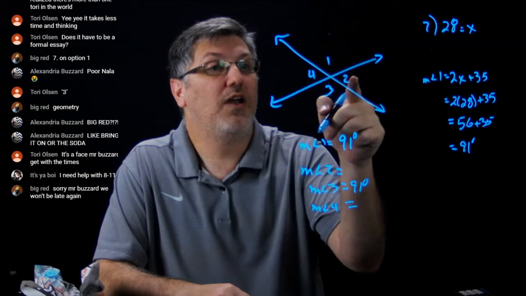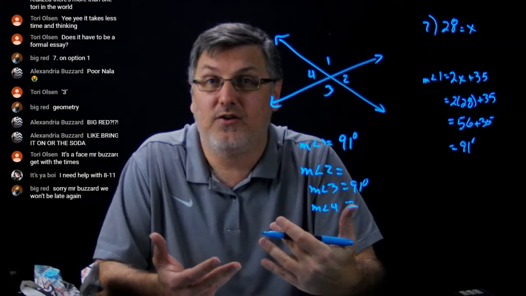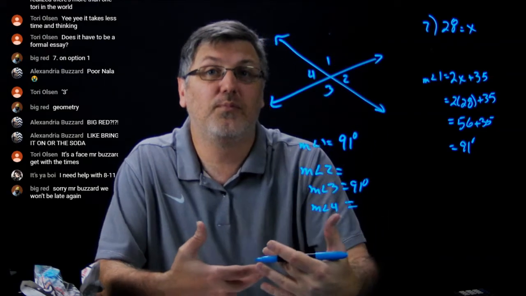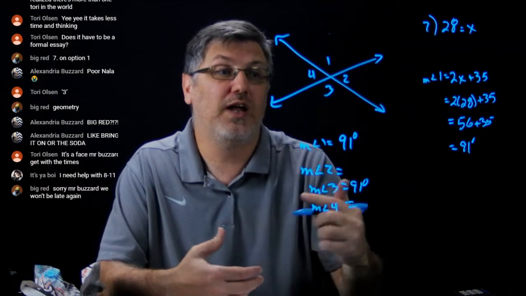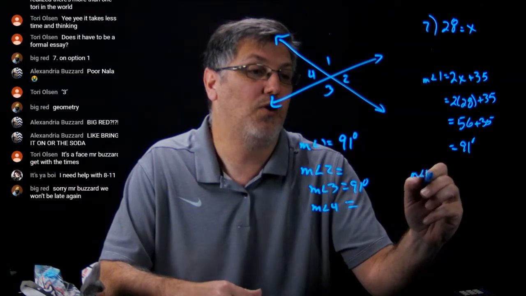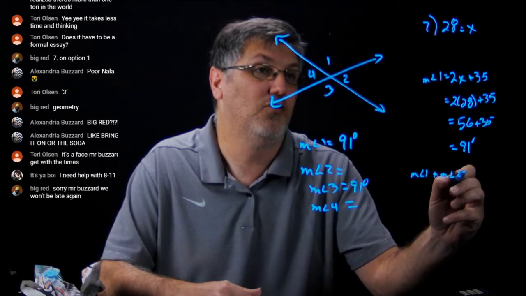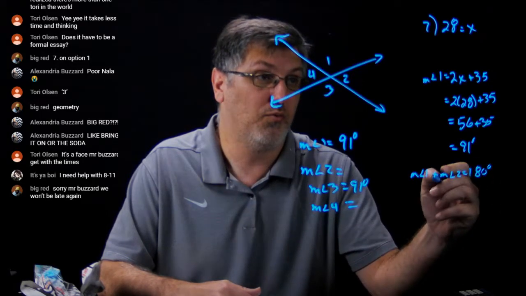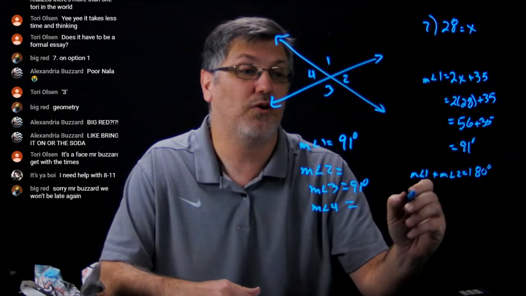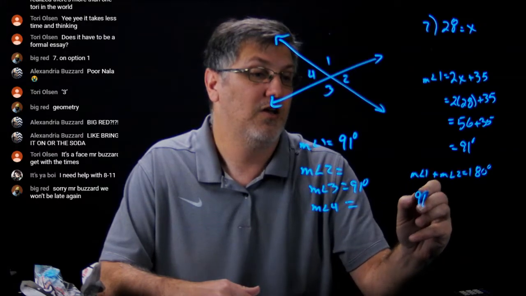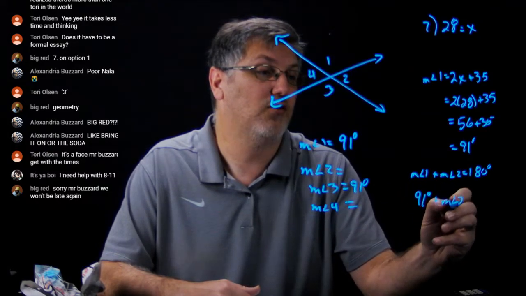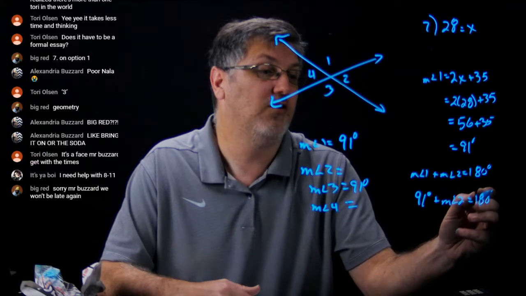Now, angle 1 and angle 2 are called linear pairs. Linear pairs are supplemental. Supplemental means that the angles are going to add up to be 180. So we know that the measure of angle 1 plus the measure of angle 2 is 180 degrees. Well, we just found the measure of angle 1 being 91 degrees, so I substitute that in. 91 degrees plus the measure of angle 2 equals 180 degrees.